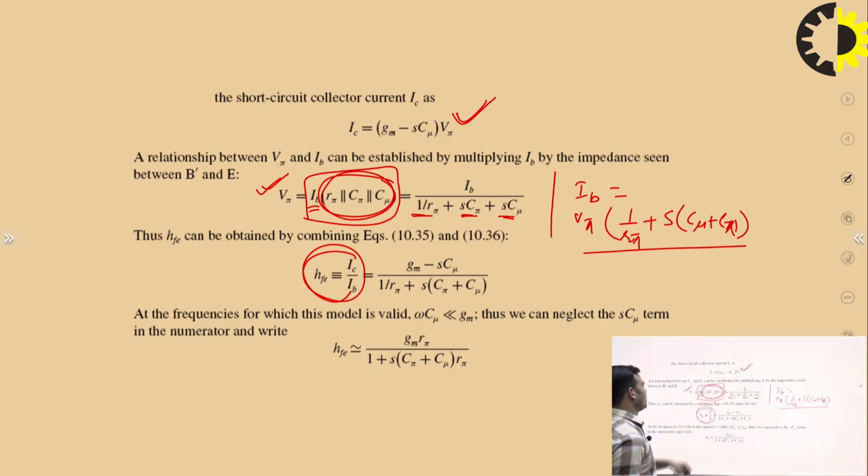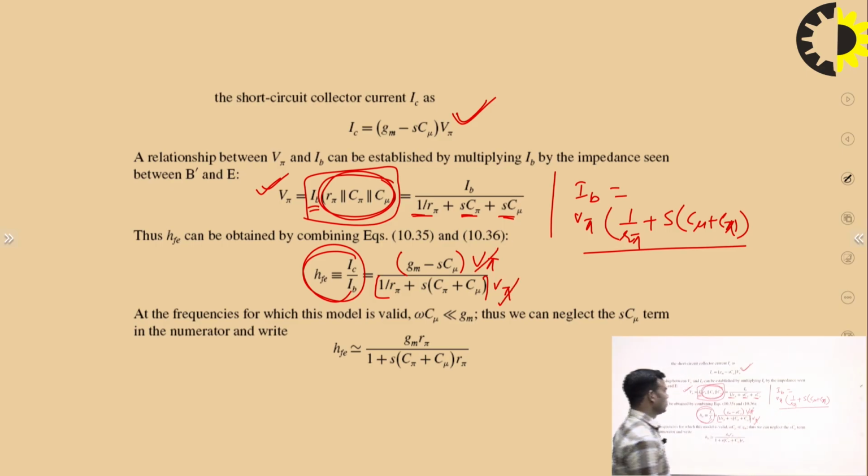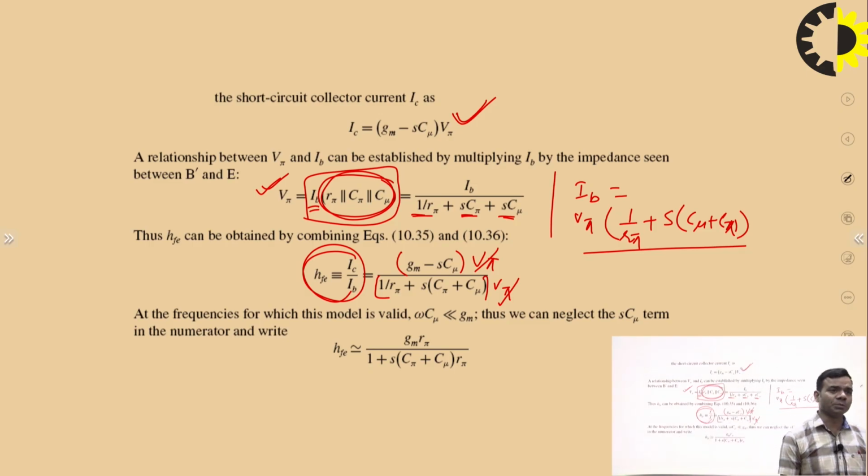So IC upon IB is (Gm minus S C mu) into V pi, multiplied by 1 upon IB, and V pi will cancel out. So you will simply get hFE, that means current gain, which is equal to IC upon IB, equal to (Gm minus S C mu) upon (1/R pi + S (C pi + C mu)).